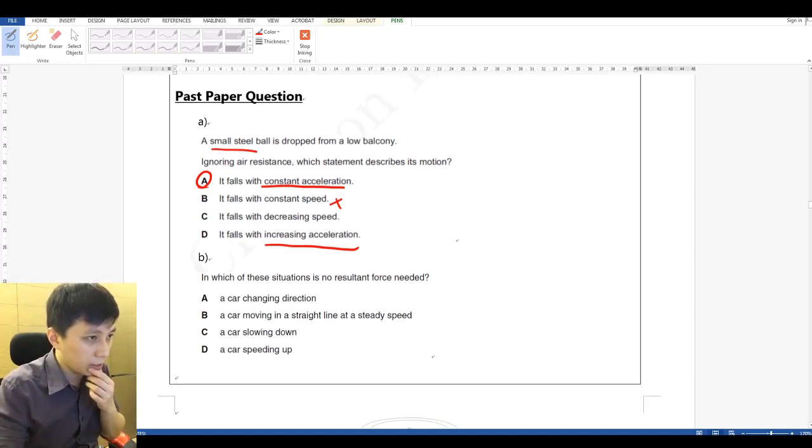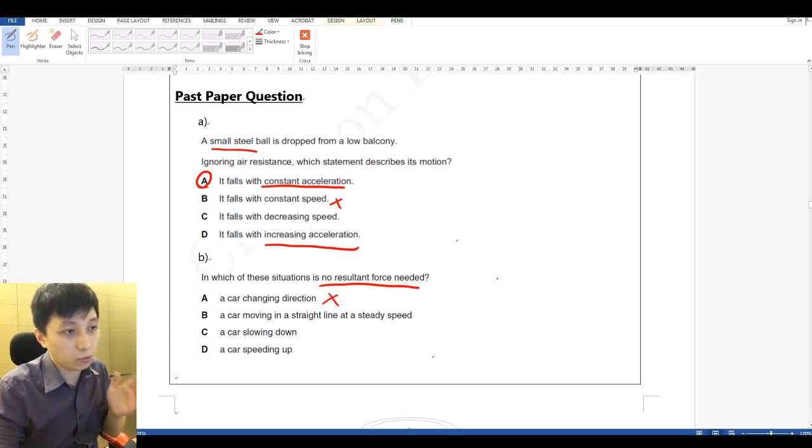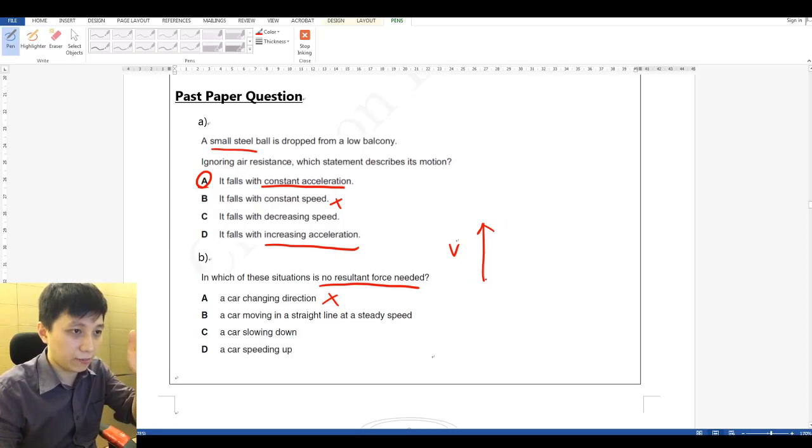Part B is asking you another question, that no resultant force will be needed when a car changes direction. This is wrong, because when you change direction, think about, for example, the car has a velocity going in this direction, and then now you want to change its direction.